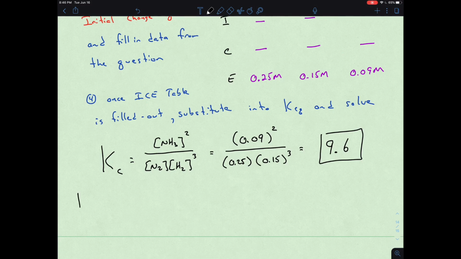To get to K sub P, right, we would then have to do our equation conversion. So we would have here our 9.6 for our K sub C. We have our 0.082.